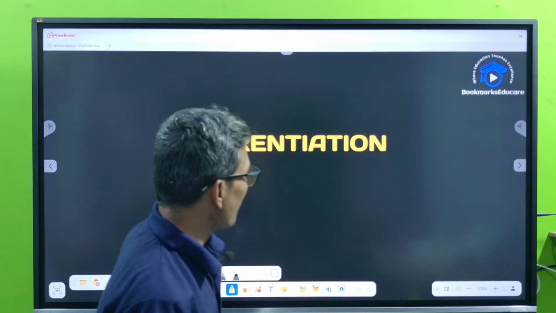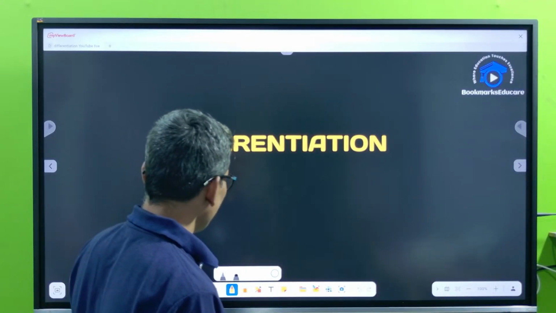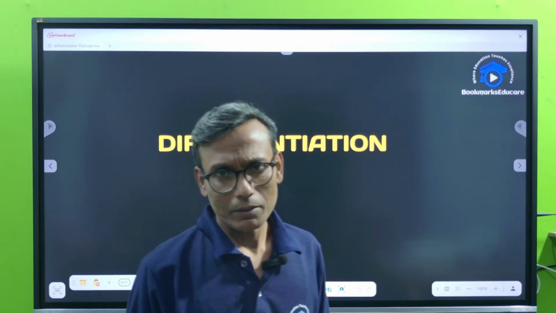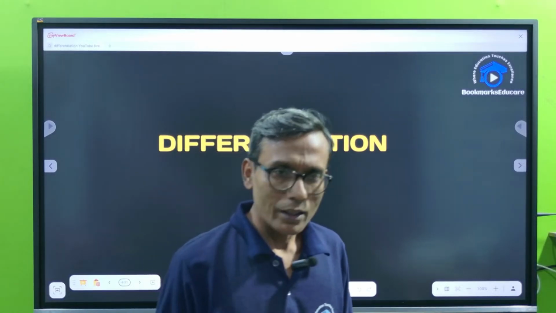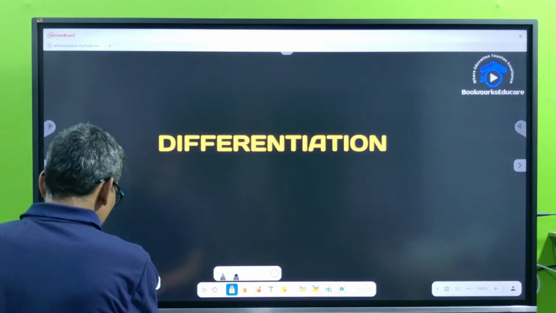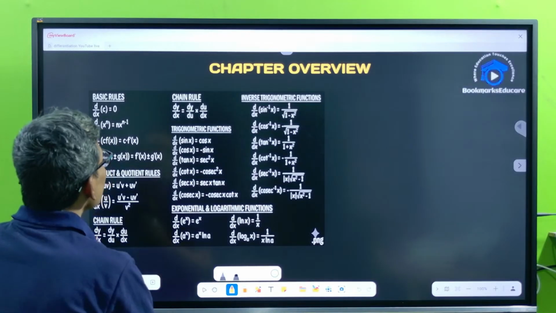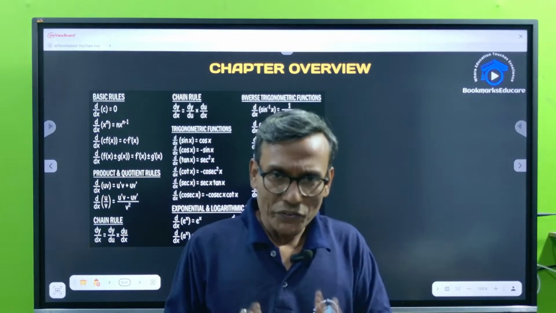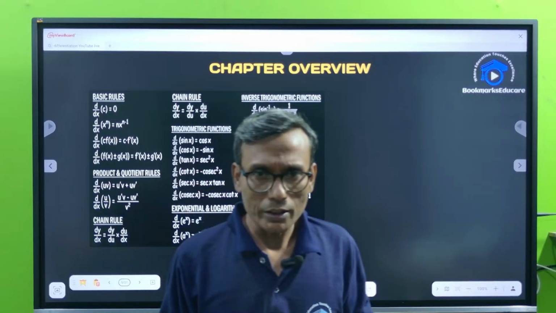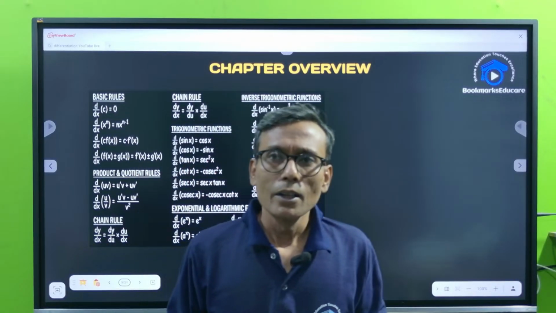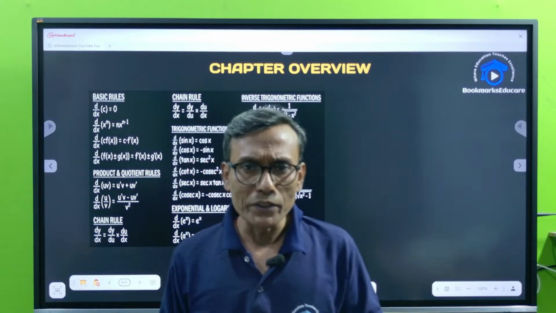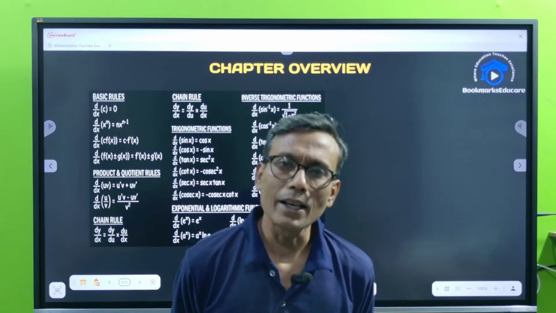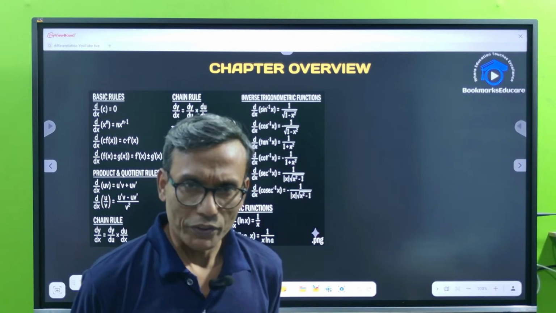Differentiation is the reverse process of integration. In the case of ordinary differentiation, there are two types: one is ordinary differentiation and another is partial differentiation.